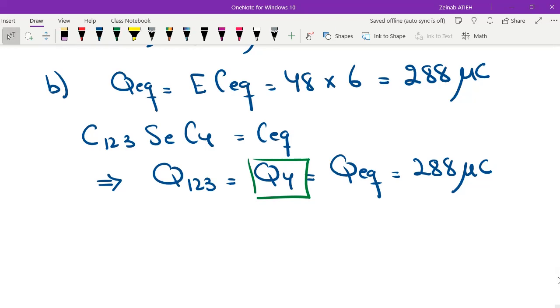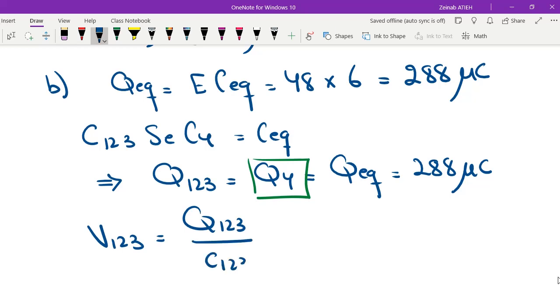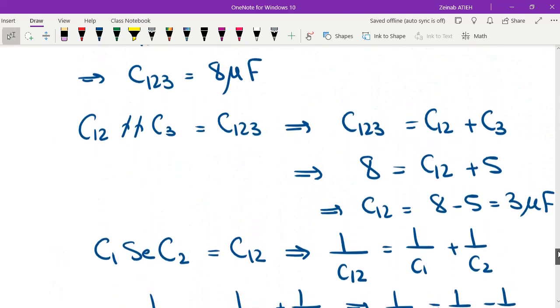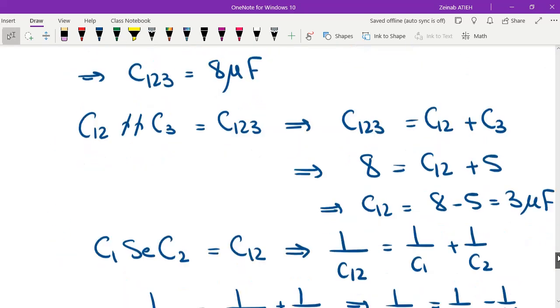Now in place of 1 2 3, because I want to find 1, 2 and 3, I will find V1 2 3. Since I want to work with 1 2 3, I must know Q and V. So V1 2 3 is equal to Q1 2 3 over C1 2 3. Q1 2 3 is 288 microcoulomb. C1 2 3, let me go up and check, is 8.